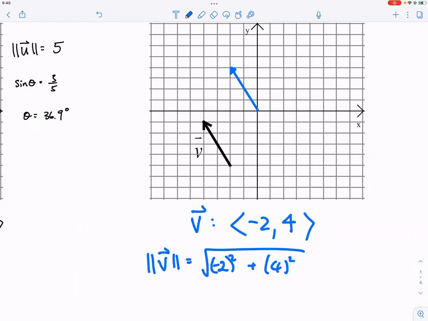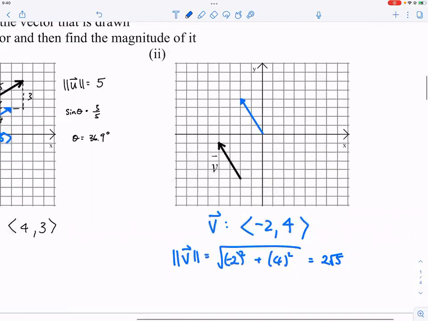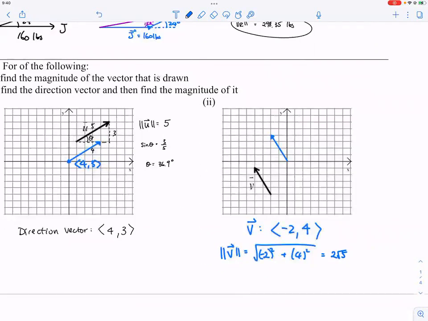So you have 4 plus 16, which is square root of 20. So 2 root 5 is the magnitude here. So that's the direction vector and also the magnitude of the vector itself.